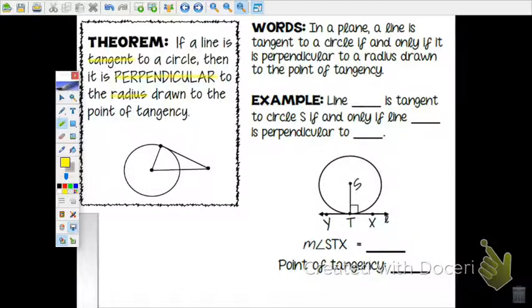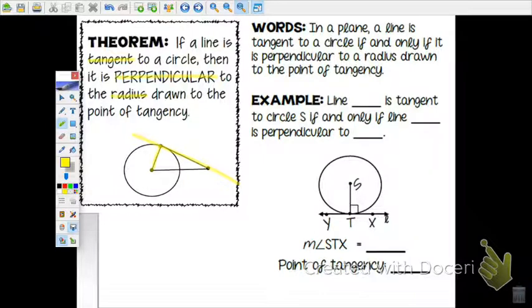So some pretty key words in that theorem. Okay? If a line is tangent to a circle, then it is perpendicular to the radius drawn to the point of tangency. So when I look at my diagram, my tangent line, I have a radius going to that point of tangency.